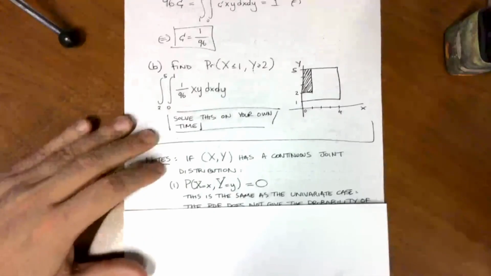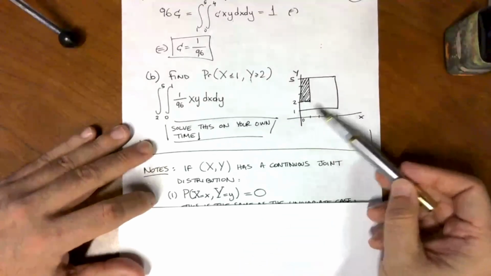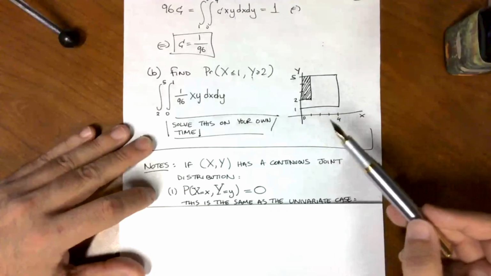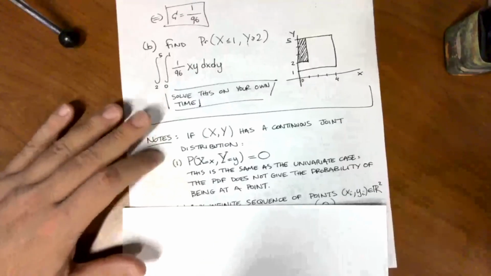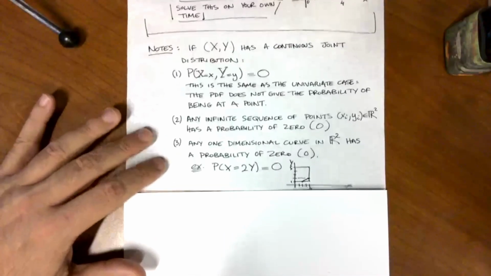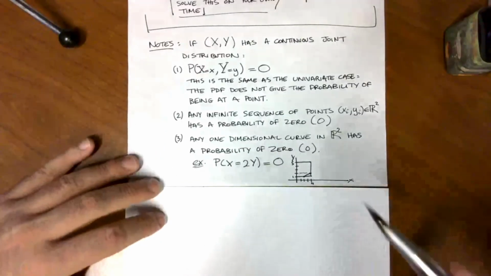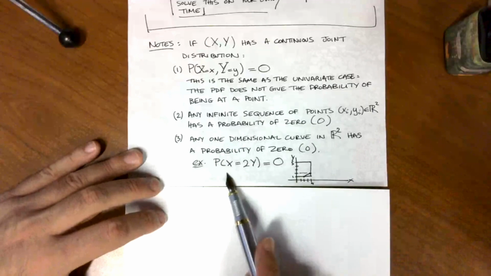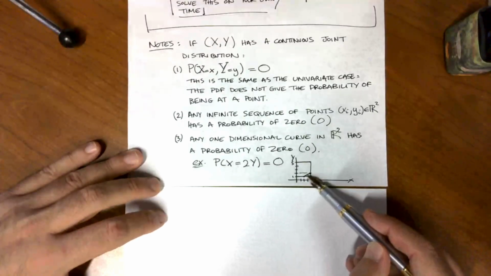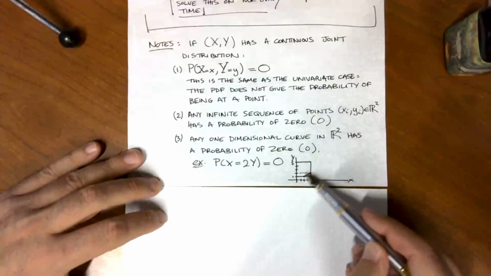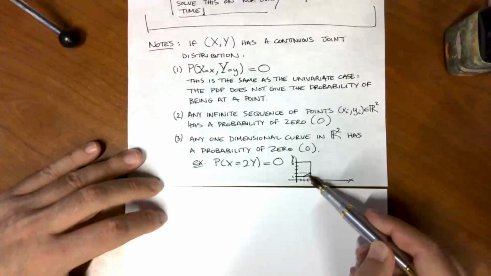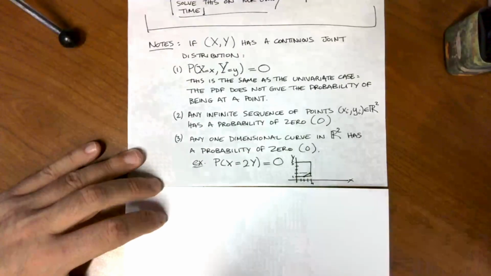You still have to talk about intervals. A line can be considered as an infinite number of points, and because we cannot assign a probability to a point, we cannot assign it to lines composed of a sequence of points. So the probability, let's say, of x being equal to 2y, which would draw a line within the space of possible outcomes for x and y, would be 0.